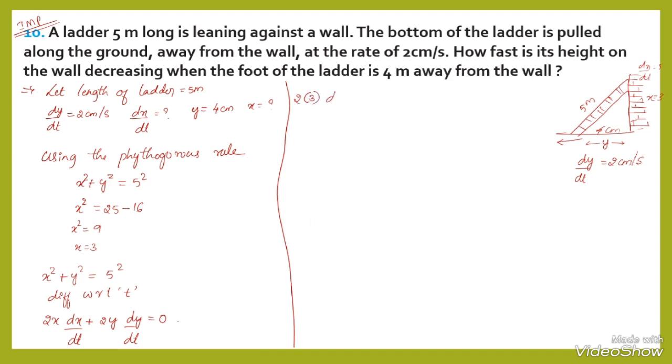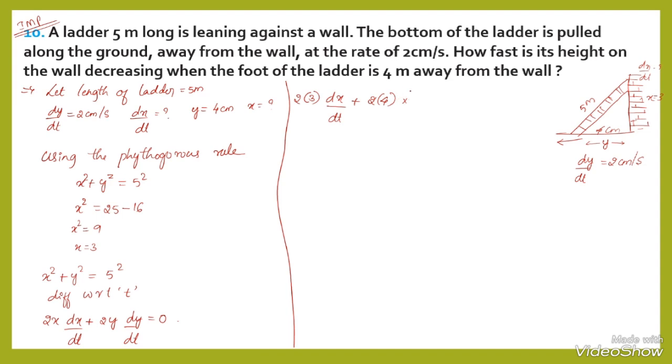We want dx by dt, so here dx by dt plus 2 into y. What is the value of y? That is 4, into dy by dt. dy by dt will be 2.